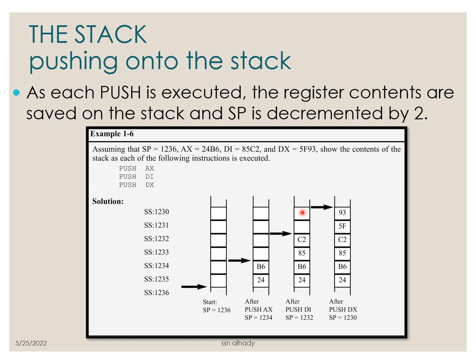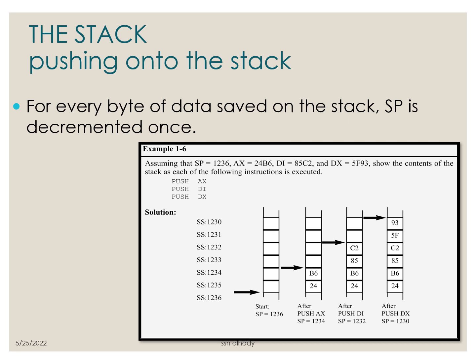So each time you execute an instruction to put data onto the stack, such as push, after you execute the instruction, the stack pointer will be decremented by 2. For every byte of data saved onto the stack, the stack pointer is decremented once.